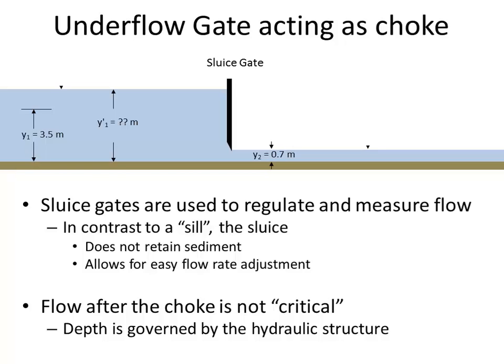I don't think that this is noted on the slide itself. What we do know on the slide is that the initial depth before the gate was lowered into the flow was 3.5 meters. So Y1 is 3.5 meters, that's the initial depth. And on the figure where it says that Y prime 1 is unknown, what we're interested to find out is the depth after the gate is lowered.